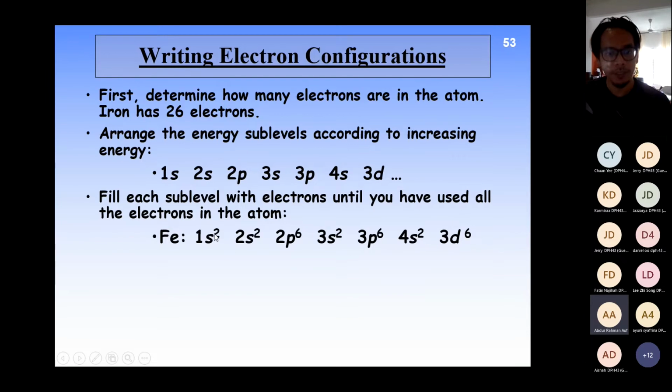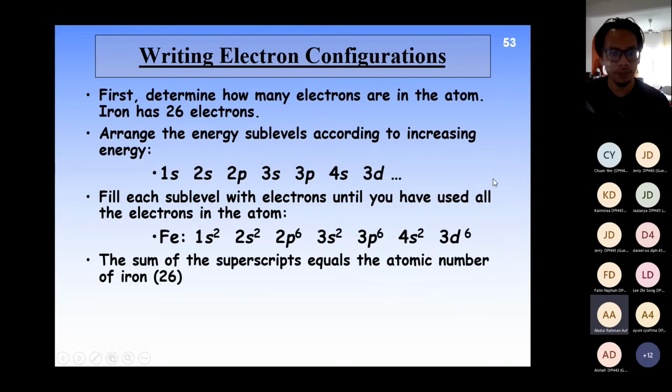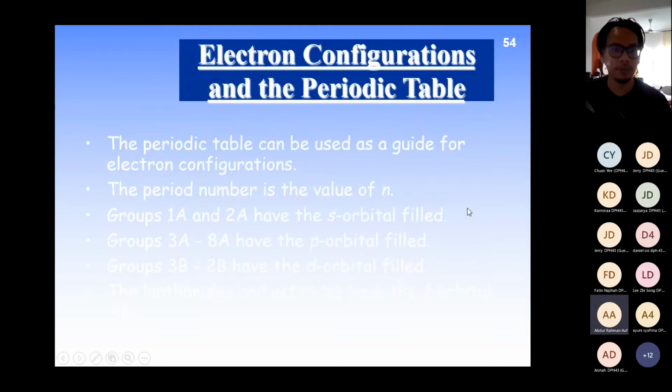If you add all the small numbers kat depan ni, dia akan add up to 26, which is the total number of electron untuk iron. So the sum of the superscript equals the atomic number of iron.